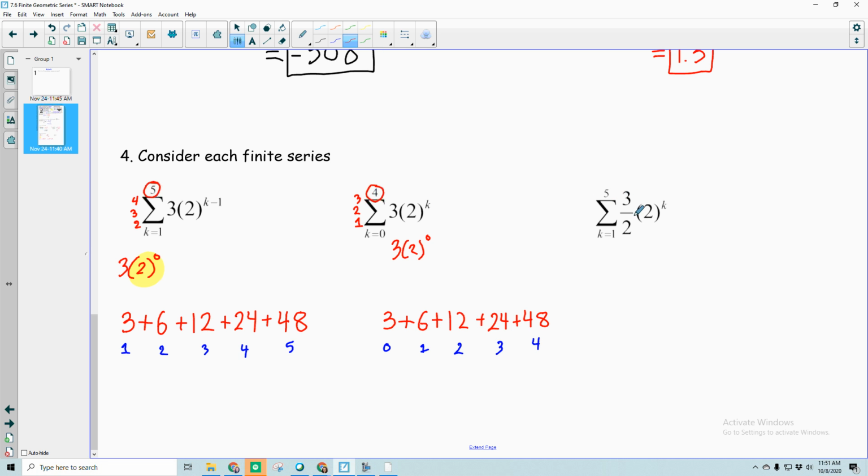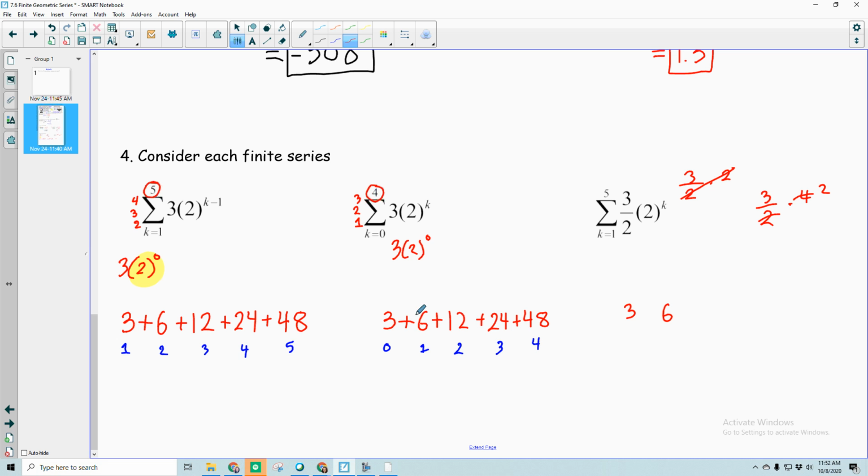Finally, let's take a look at the very last one here. So if we continue to do the same thing that we're doing, take 1, plug it in there, we get 3 over 2 multiplied by 2 to the power of 1. Well, that's just 2, and those 2's cancel out, so I just get 3 for the very first term in the sequence. And then if I plug in 2, well, 2 to the power of 2, that makes 4, so when I simplify that, that just multiplies to make 6.